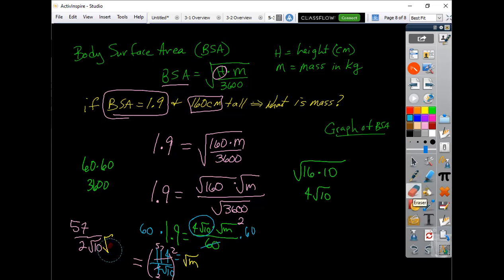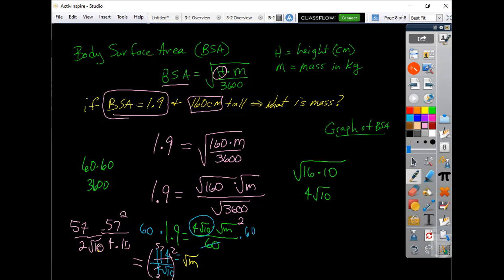So then let's square this. I square this now, well, that's going to give me the 57 squared over 2 squared is 4, and the square root of 10 squared is just 10.